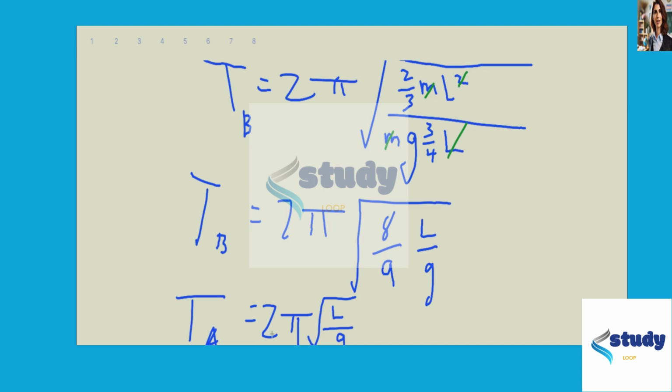So the 2 pi's are the same. The factor of root L over G is the same, but TB is reduced by this factor of root 8/9. And so clearly the second system will have a shorter period and will be faster swinging. So A is going to have the longer period.